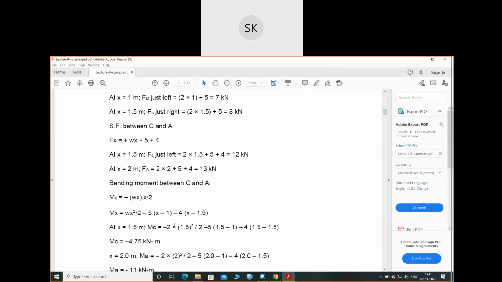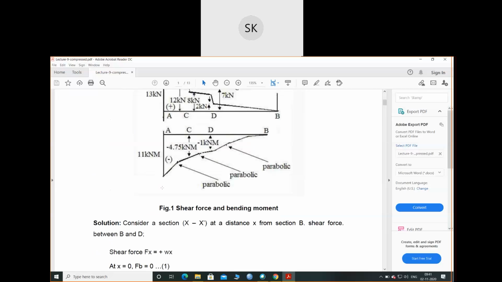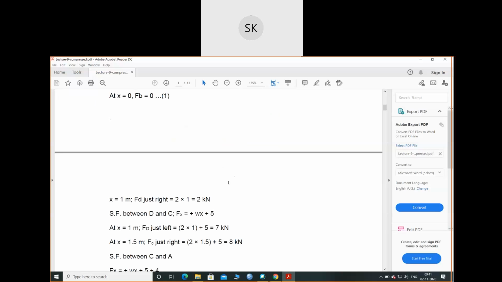So this is the bending moment equation. If I replace the value of x, I'll get this value, and at x equals to 2 meter, I got this value. So this is the shape of the bending moment diagram for this question.